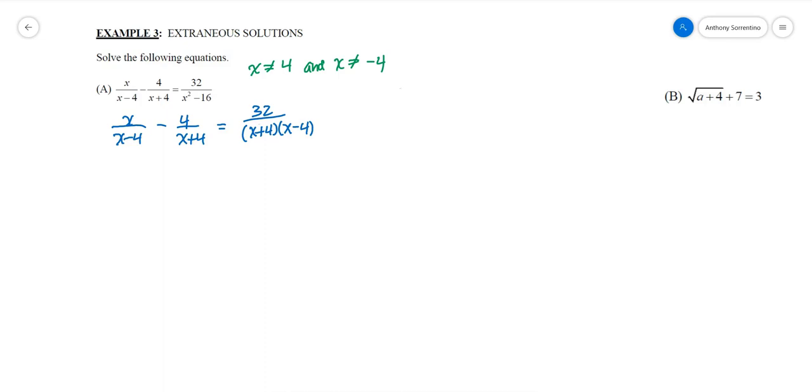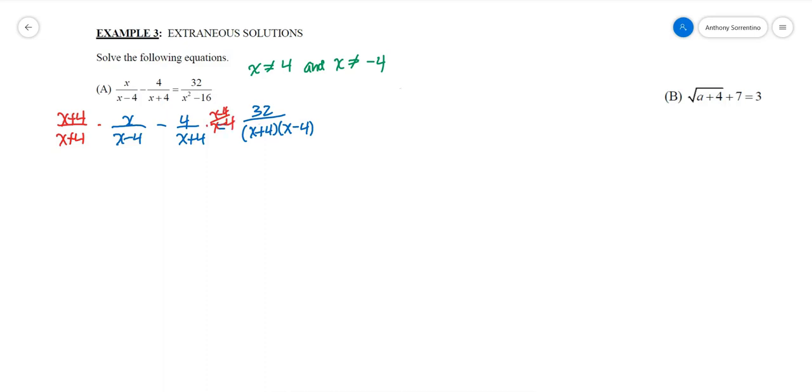On the left-hand side, though, I have the subtraction of 2 rational expressions. So I have to carry through that subtraction, and for that to happen, I have to get common denominators. Under most circumstances, I'm just going to take the 2 denominators I see here and multiply the tops and bottoms by those.